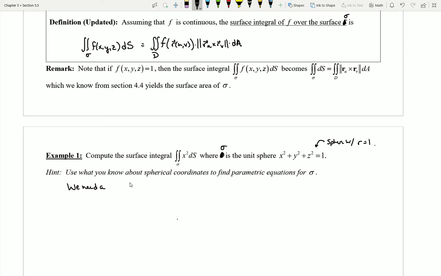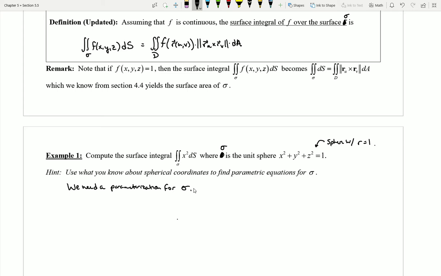We need a parameterization for sigma. Now actually this is really simple to do, and if I take a look at the hint, you'll see exactly how. I want to use what I know about spherical coordinates to find parametric equations for sigma.